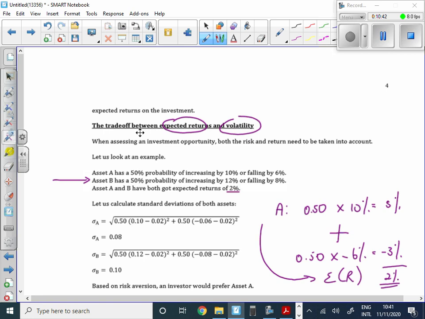It's a probability to go up by 12 or down by 8. Whereas asset A, the range or the variability of returns is not as wide as it is for asset B, because there it can go up only to 10 or down by 6. You've got a much bigger chance of larger gains on asset B or bigger losses on asset B.